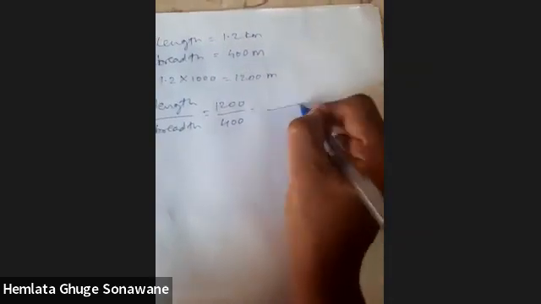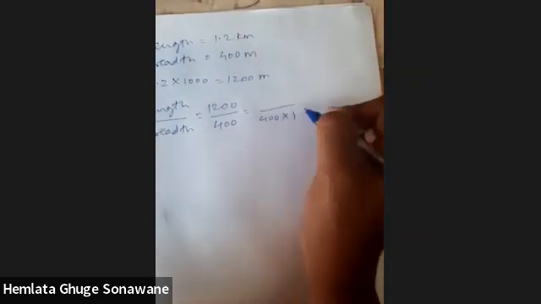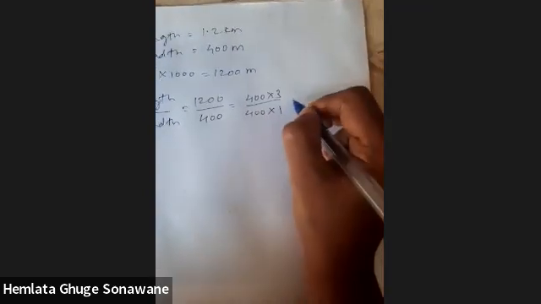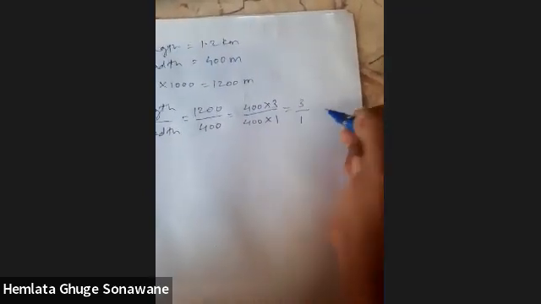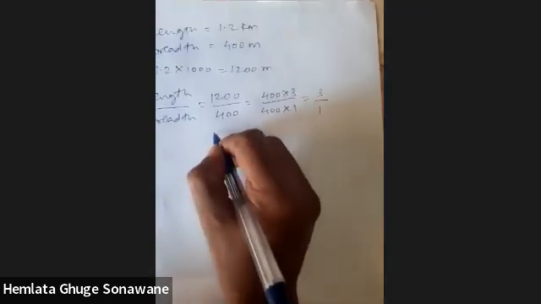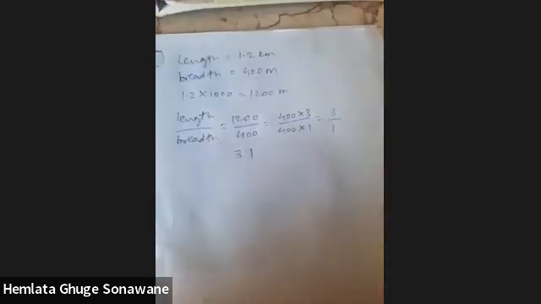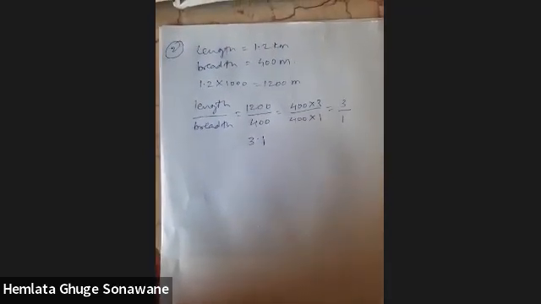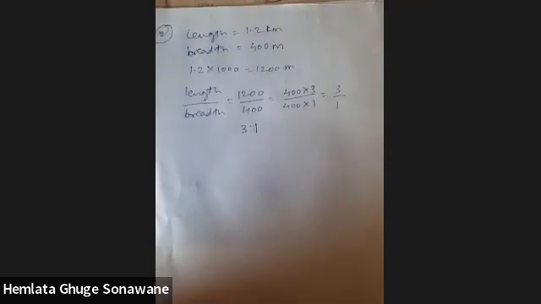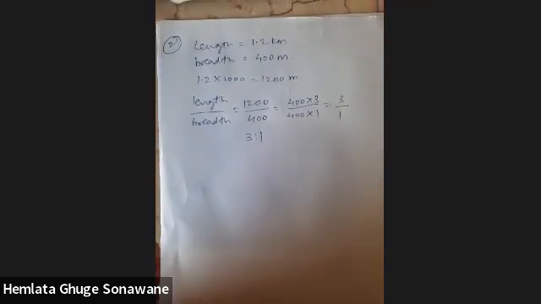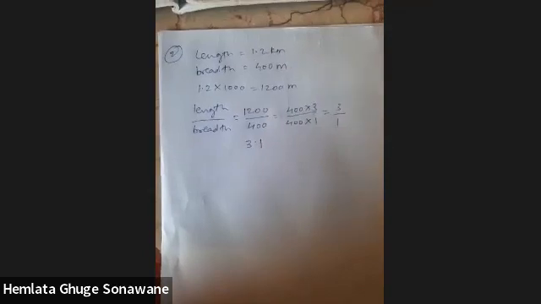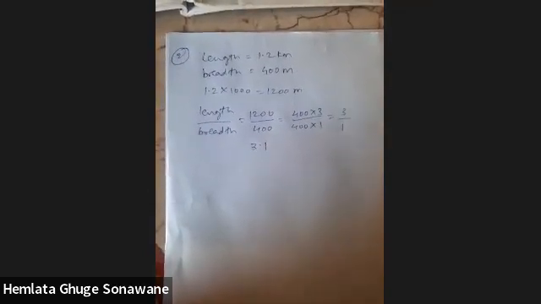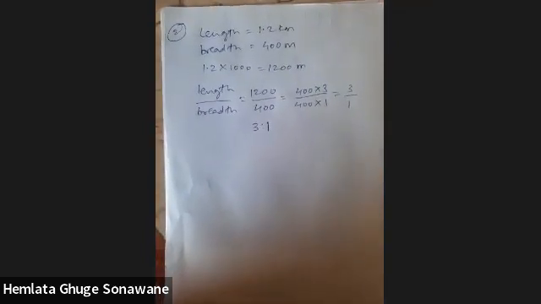Now we'll simplify this. 400 into 1 and 400 into 3 is 1200. So it becomes 3/1. That is, the ratio becomes 3:1. We have to make units of length and breadth equal, and then we have to take the ratio of it.